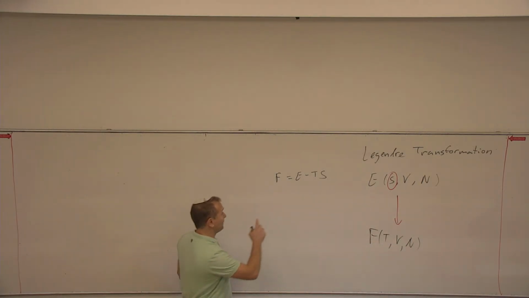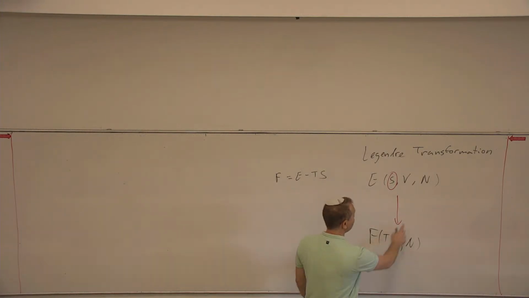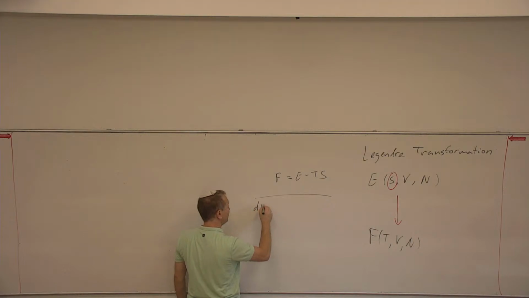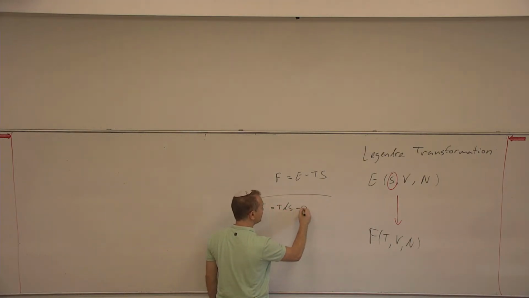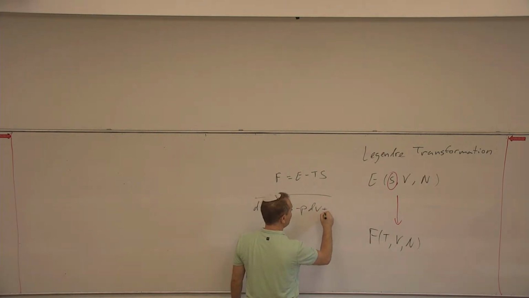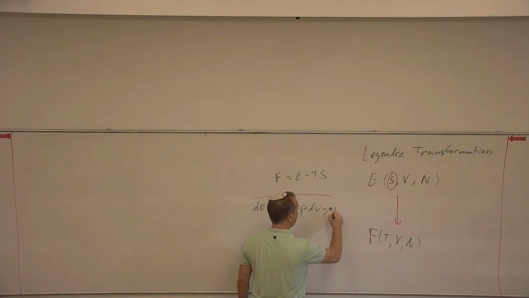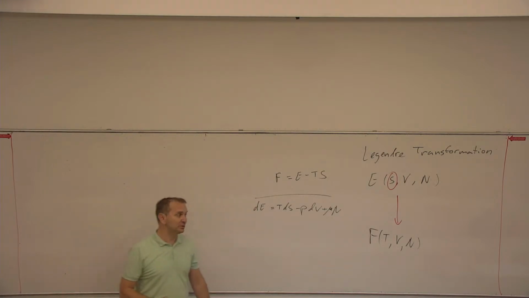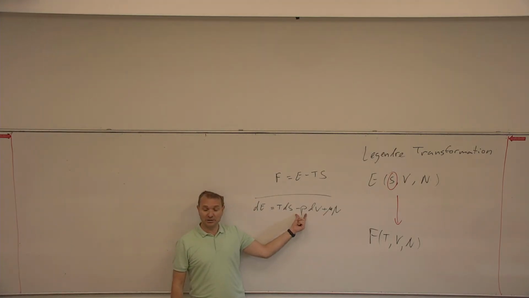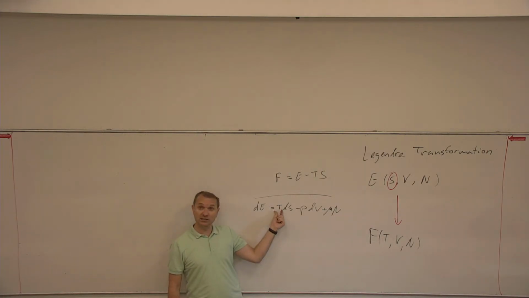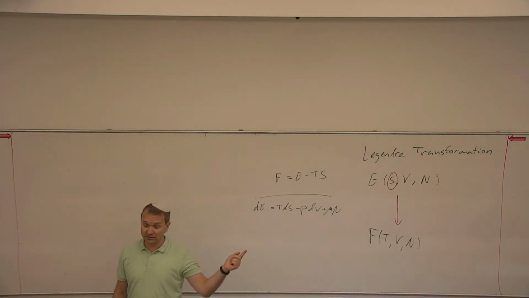Now, if we look at the energy, we know that dE equals T dS minus P dV plus mu dN, where mu is our chemical potential, which is a generalized force, P is the pressure, which is also a generalized force, and T is the temperature. They're all generalized forces.